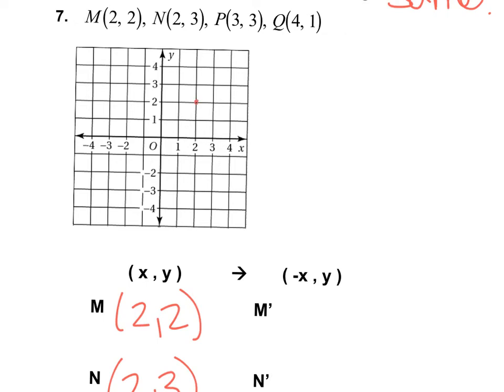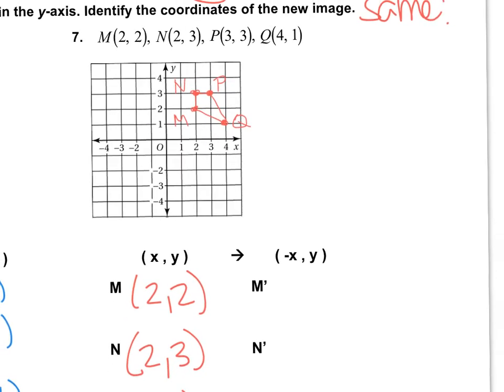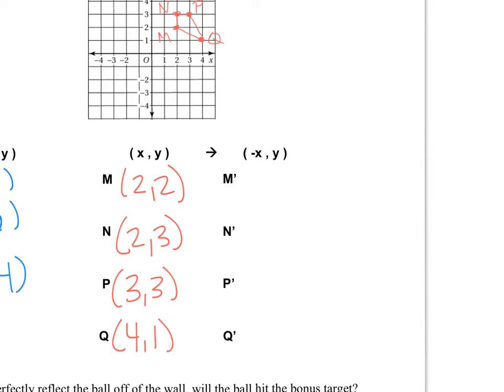So (2, 2), then we have (2, 3), (3, 3), and (4, 1). It's like a little kite. Label them. So this was M, N, P, Q.